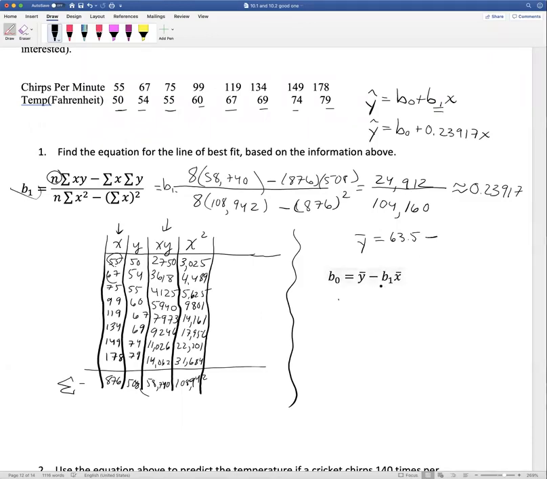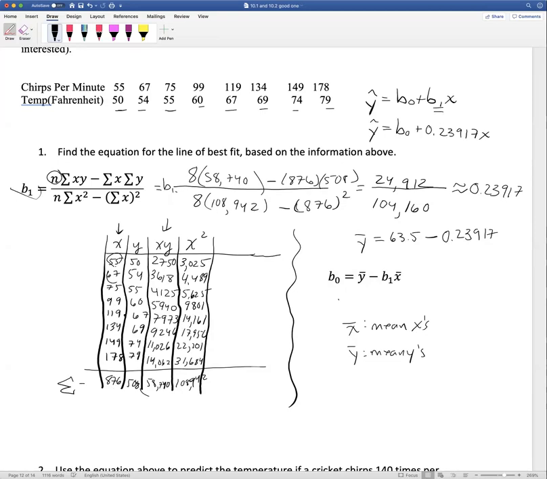Minus B1, which is the slope. That's what we just found here. So we'll do 0.23917 times x bar, and x bar represents the mean of the x's. Y bar represents the mean of the y's. Okay, so for the mean of the x's, again, we're going to add up all the x's and divide by however many there are. We already added up the x's. We did that right here in this column.